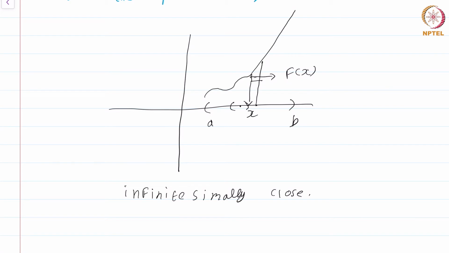If you recall in high school, a ton of algebraic manipulations in calculus was justified by saying this quantity is infinitesimally small and therefore can be neglected. Of course, due to the standards of the course that we are in, we have a high standard of rigor. We cannot do such things. So we have to make precise this notion of infinitesimally close.